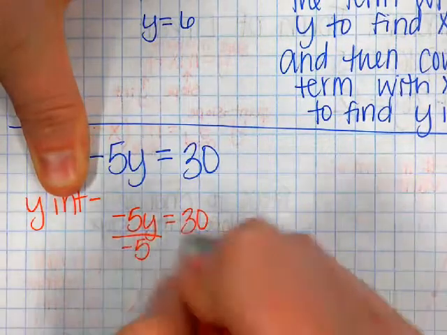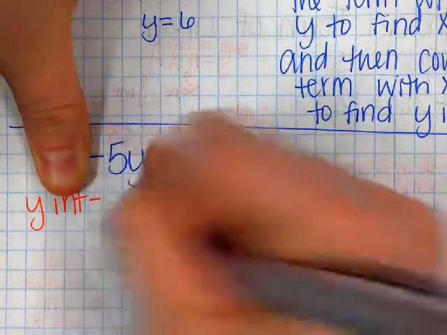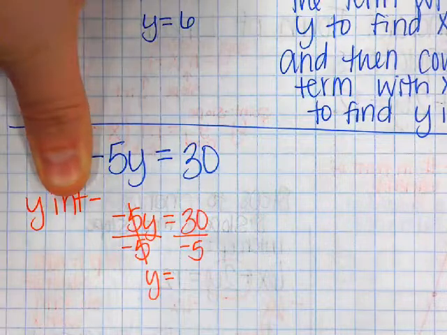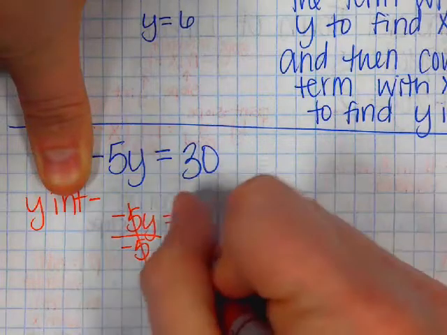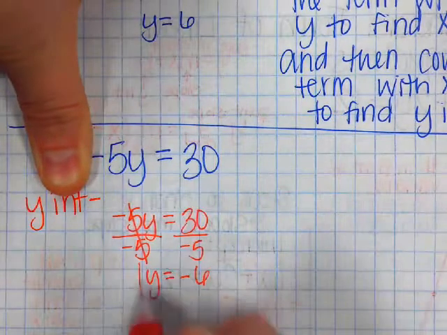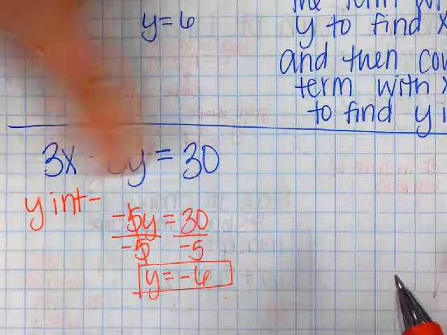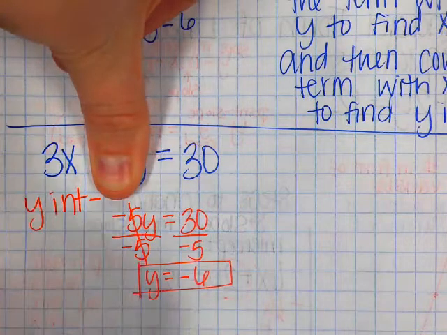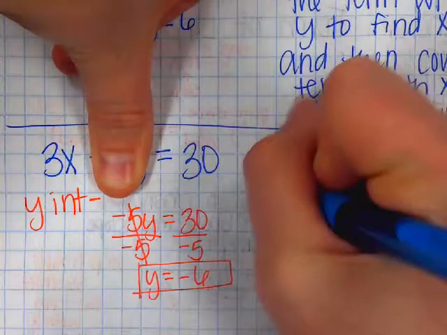So it'd be negative 5y equals 30. Divide by negative 5, divide by negative 5. So y would equal 30 divided by negative 5, which is negative 6. So my y-intercept for this one would be at negative 6.